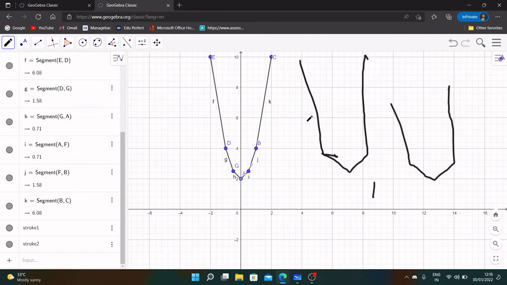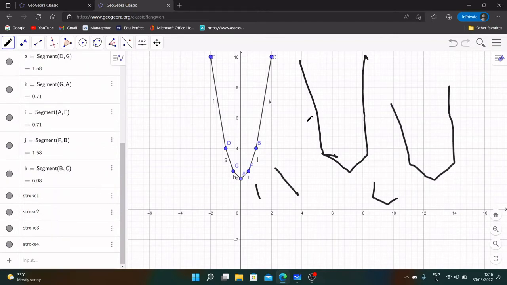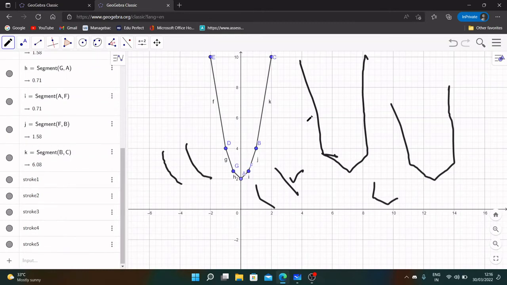This has more, not able to draw it properly, but you can see it over here, this has more of a curve than a straight line. This goes like this, while the previous one went like this. So as we add in more and more values, this straight line will slowly become like this, allowing the shape to form, which is why we have parabolas.